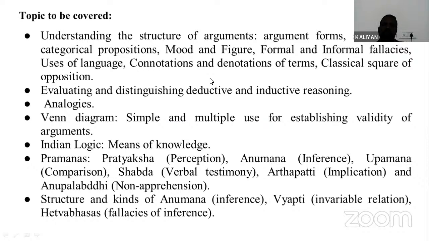Understanding the structure of the argument, argument forms and categorical propositions, formal and informal fallacies, uses of language, connotation and denotation, evaluation and distinction, deductive and inductive reasoning, Venn diagram and Indian logic, means of knowledge, and different schools of Indian philosophy from ancient India. So we go one by one. Here I have not covered analogies and Venn diagram. Most probably the other topics will be covered.